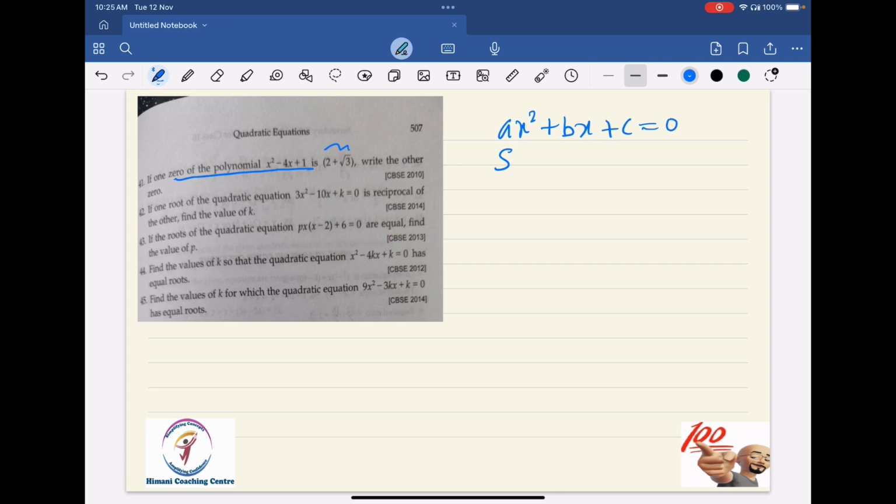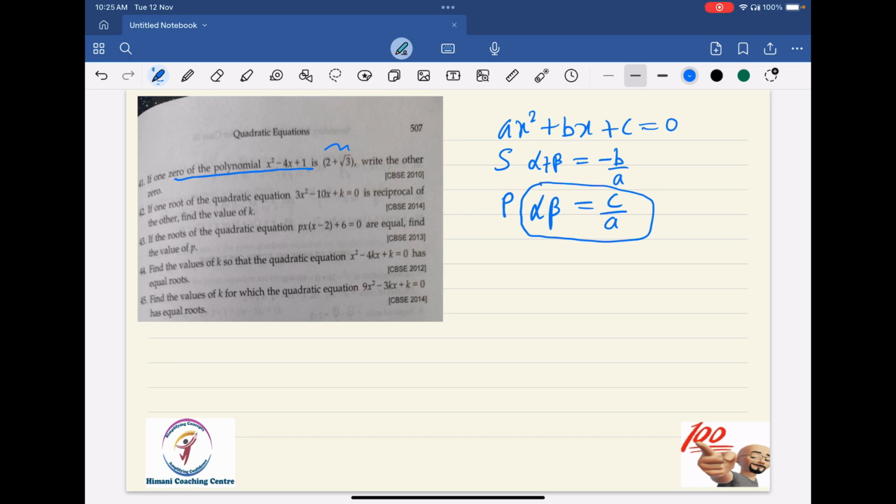Then the sum of roots, alpha plus beta, is given by minus b by a. The product of roots, alpha beta, where alpha and beta are zeros of the polynomial, is given by c by a. Whenever we are given one root and the other is asked, the best is to apply alpha beta because that will help us get the answer fast.